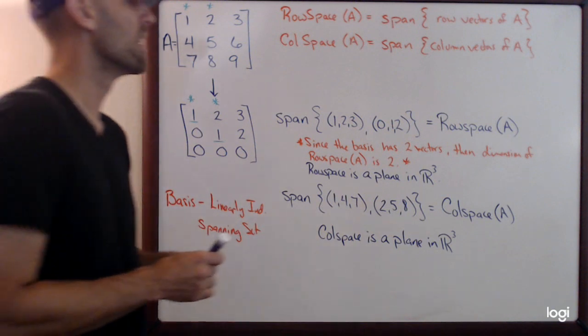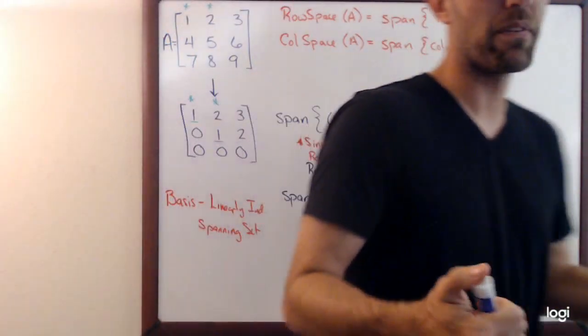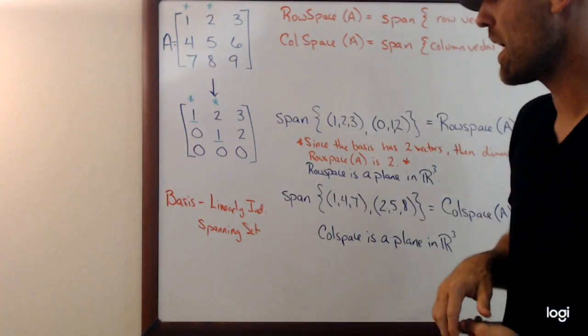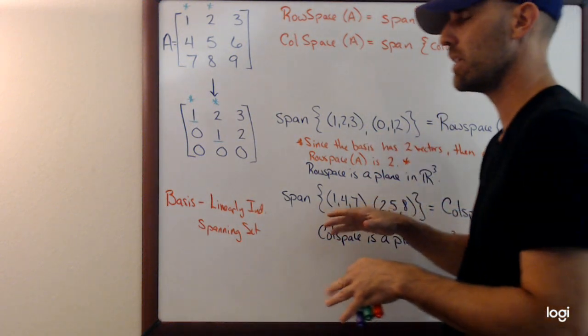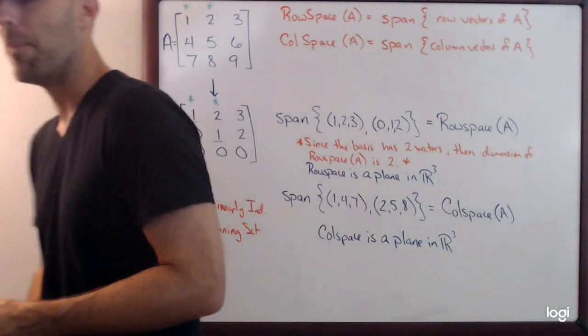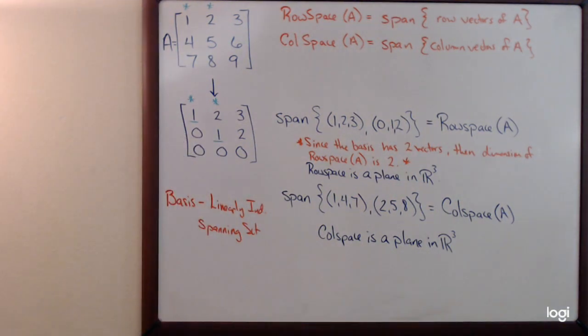Okay? The computations for this are very, very easy, right? And in point of fact, I'm not going to do another example for column space and row space here, mainly because once you do a few of these and put them into your row echelon form, it should be pretty easy. Okay? All right, now, let's talk about the null space.